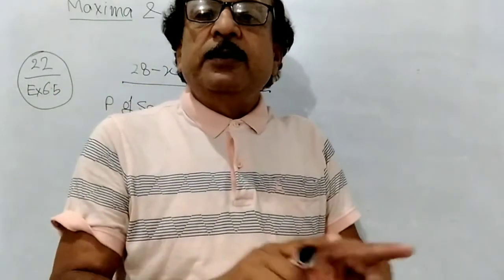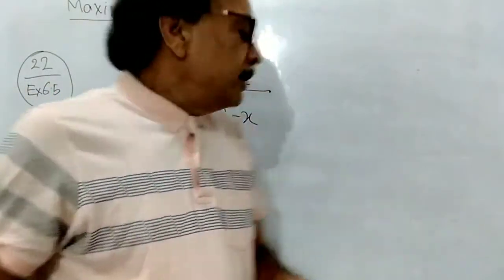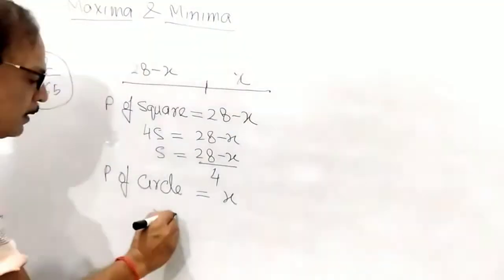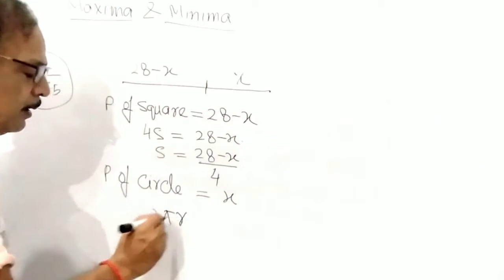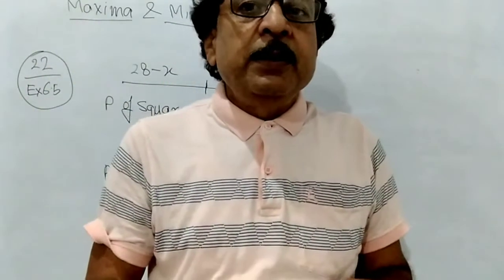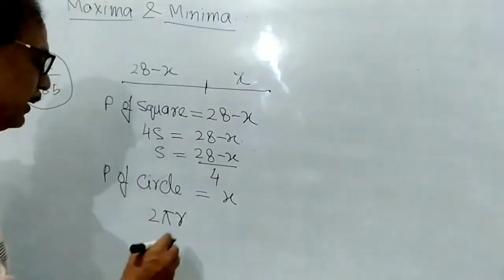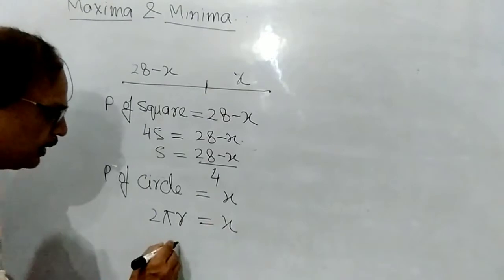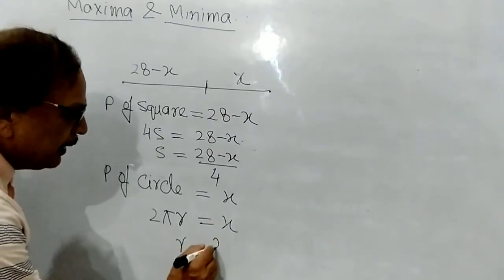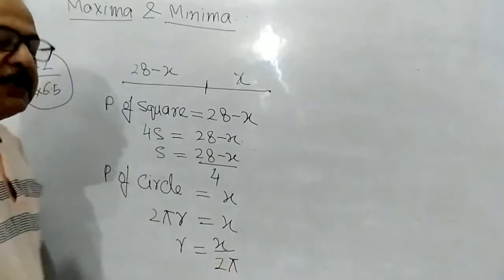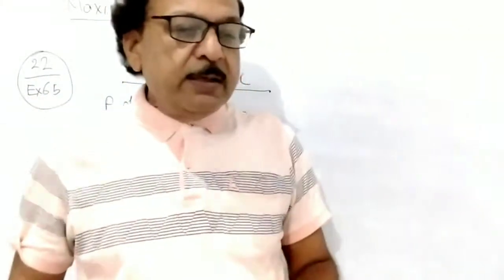Perimeter of the circle is 2 pi r. So 2 pi r is equal to X, and r is X upon 2 pi. So this is the radius of the circle.